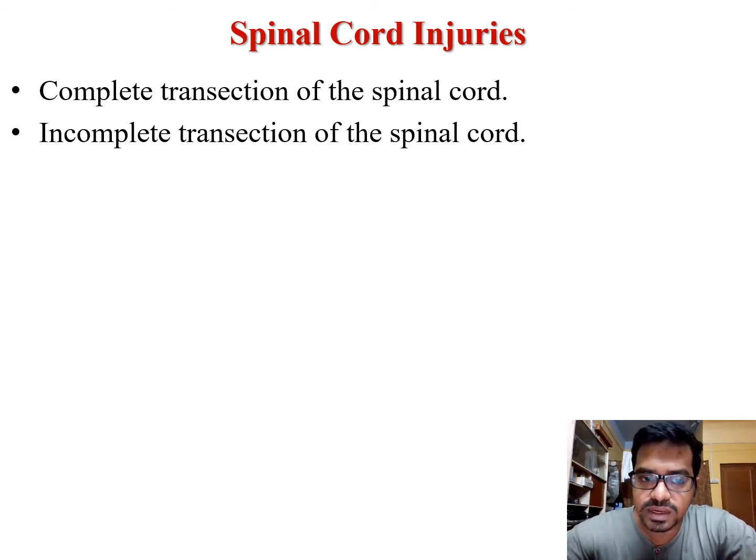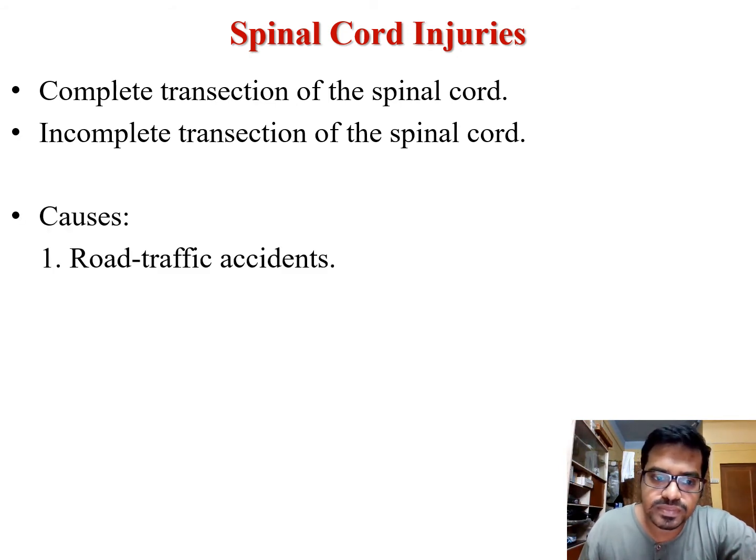It could be complete, means the spinal cord has been sectioned completely, one half is above and the other half is below. Or it could be incomplete, means there has been a cut but it hasn't cut the spinal cord through and through. Now what are the principal causes of transection of spinal cord?